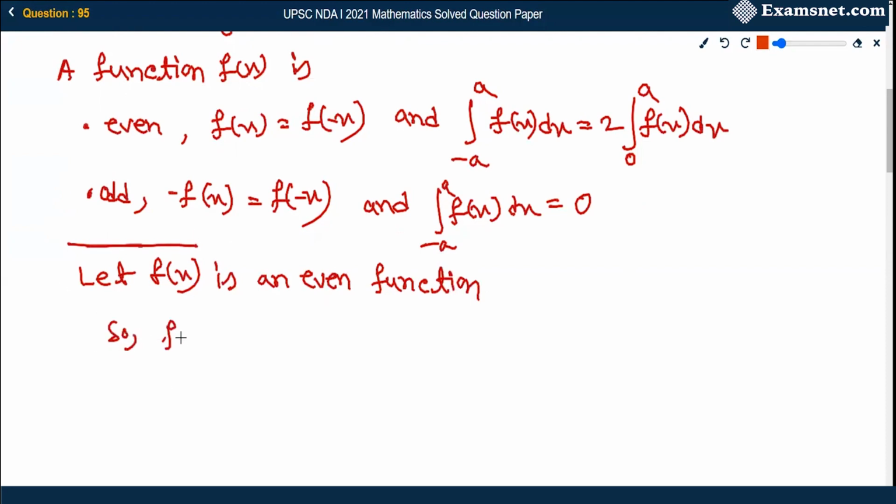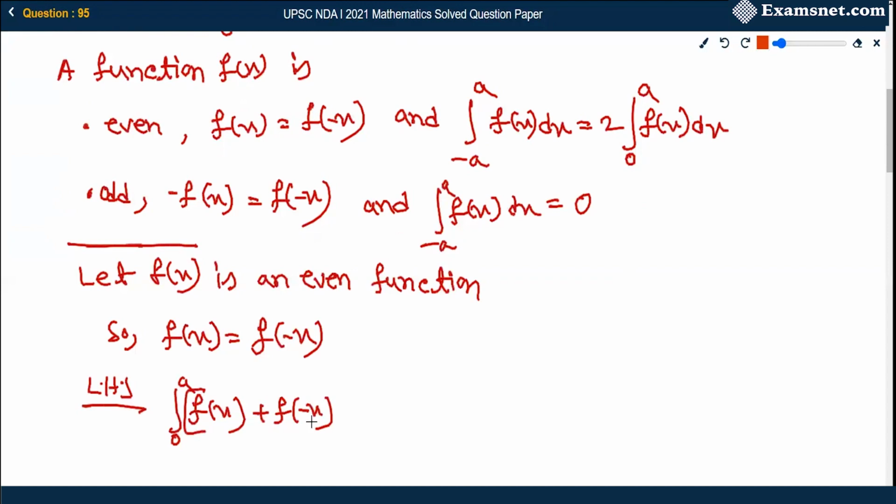So we can write f of x equals f of minus x, right? Now in LHS, it's given the integral from 0 to a of f of x plus f of minus x dx.